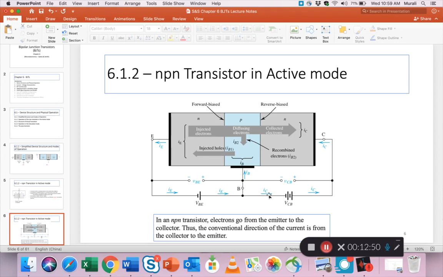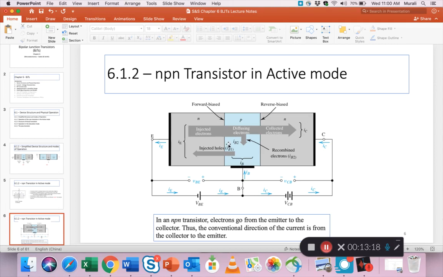Okay, so also we introduce a term, active mode. For the moment ignore that, you'll learn very quickly what active mode is. But for now just look at this drawing and let's focus on some of the important elements here. First of all, this is an NPN transistor, so this is an N region with a lot of electrons, a P region with a lot of holes, and again an N region with a lot of electrons.